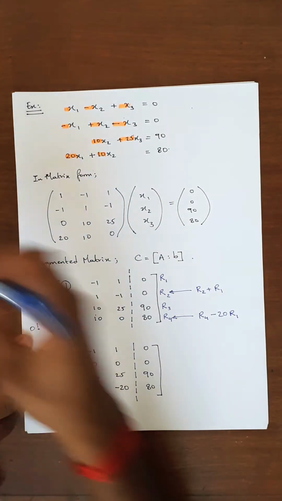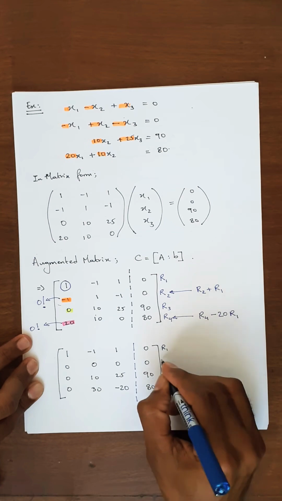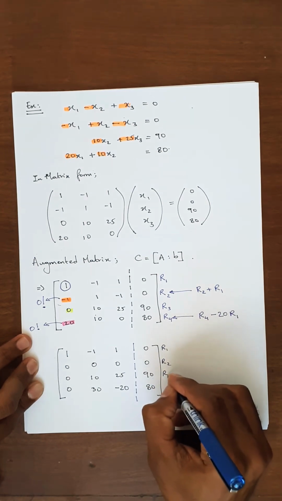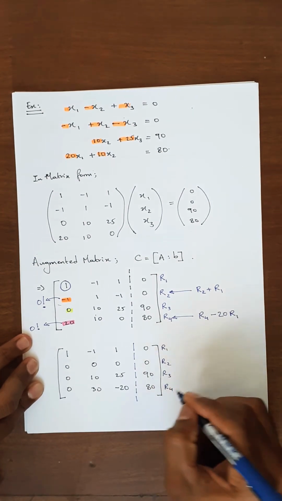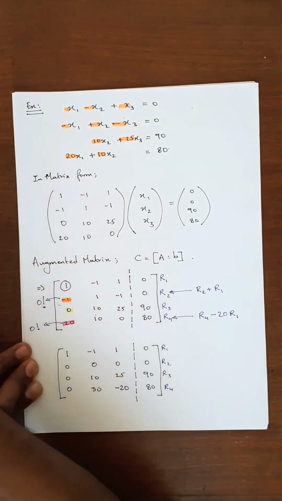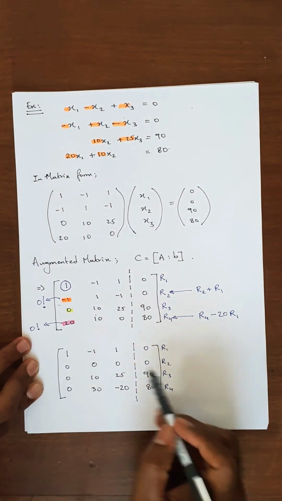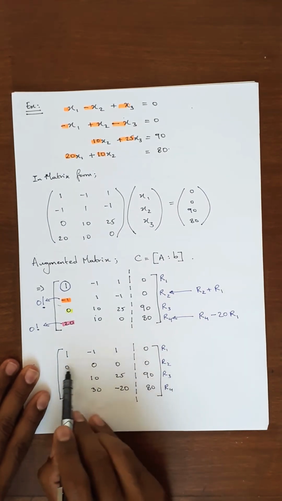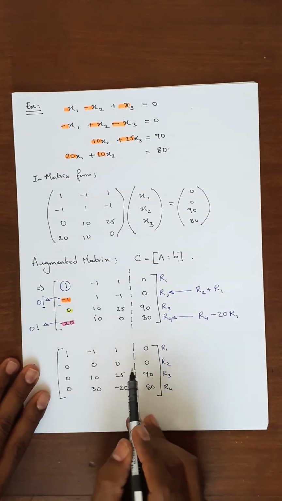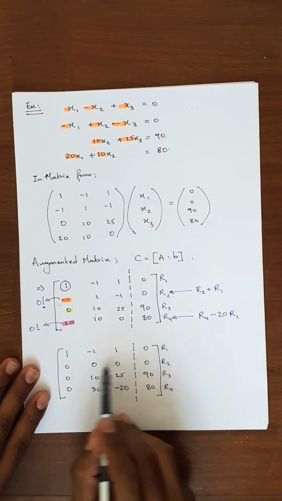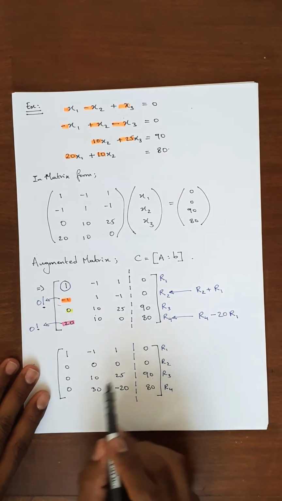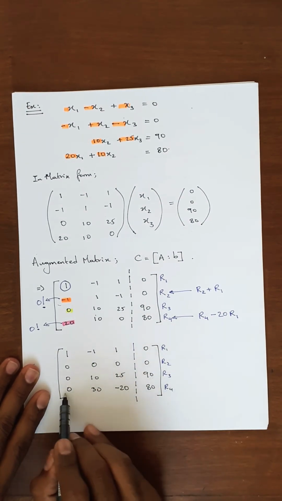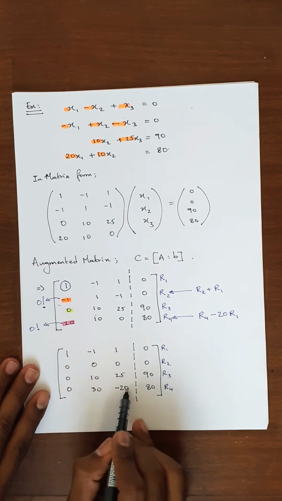Now let us write R1, R2, R3 and R4. For this example, row 2 is all 0 values, and what is most important in a triangular matrix is that these 3 entries need to be 0.